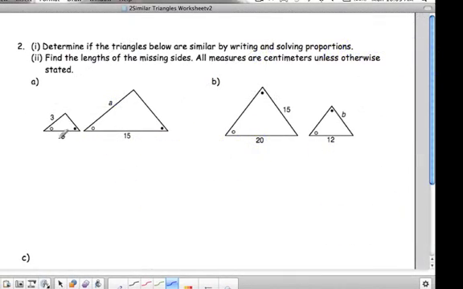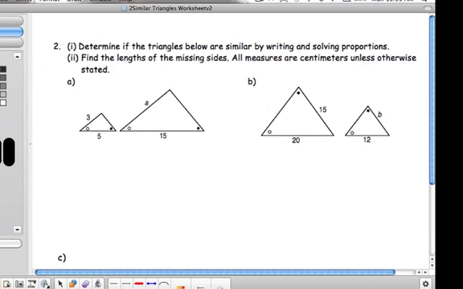Now in this one we have to set up proportions, and if we look at the corresponding sides, this side corresponds to this side, and this side corresponds to this side.